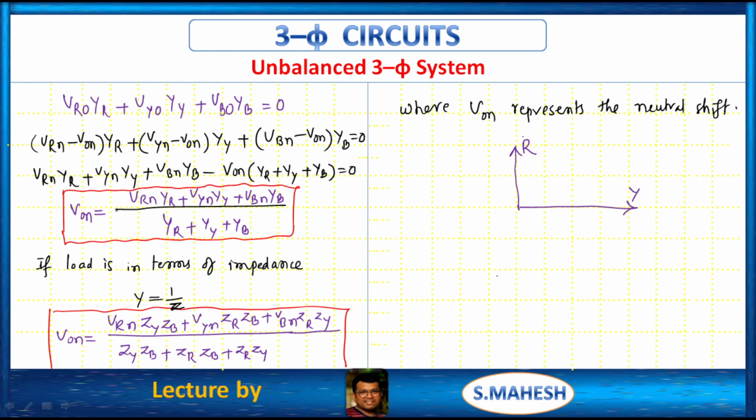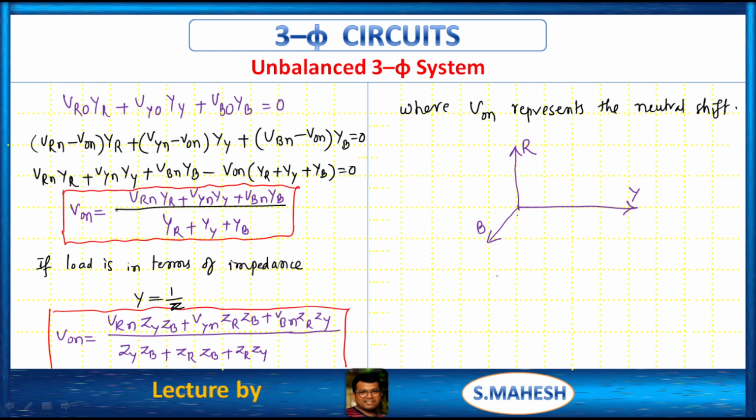Unequal means imbalance, right? This is B. The magnitudes of R phase, Y phase and B phase are unequal, and there is no phase angle between each of the phases. There is no proper phase sequence, that is, no 120 degrees phase displacement between any two phases. Between R and Y we have 90, between Y and B we have 120, between R and B we have 120. So like this we have to represent an unbalanced three-phase system.